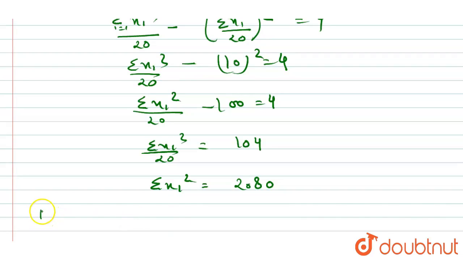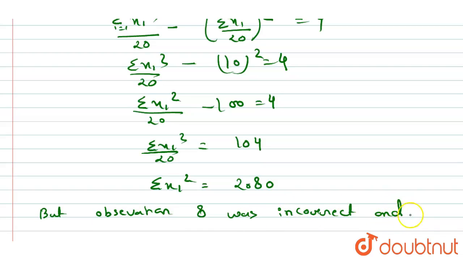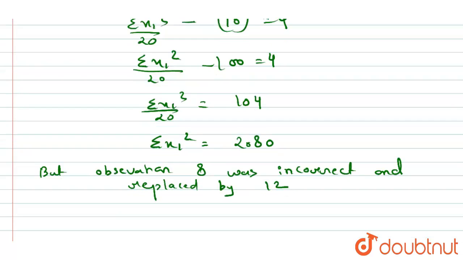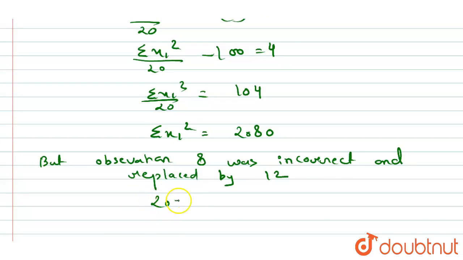But observation 8 was incorrect and replaced by 12. So our new summation of xi square is 2080 minus 64 plus 144.